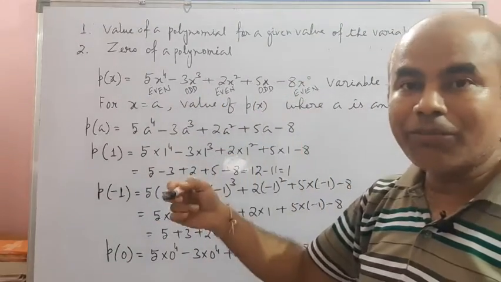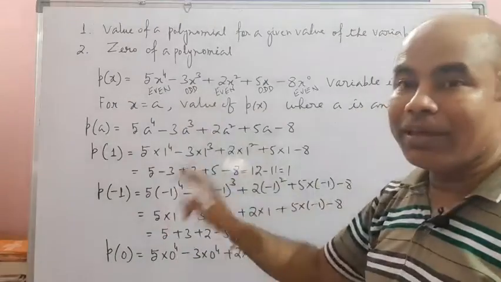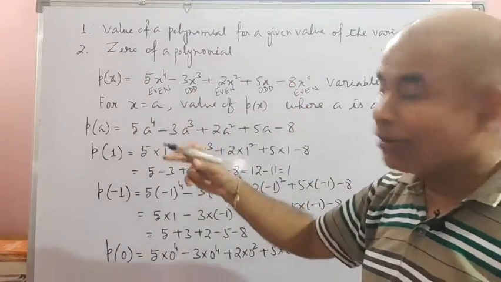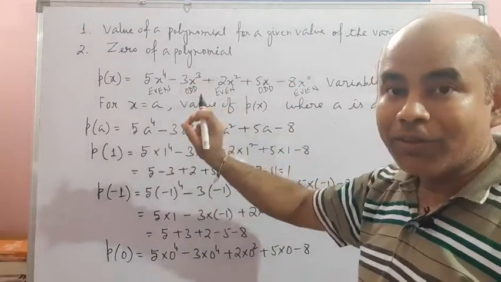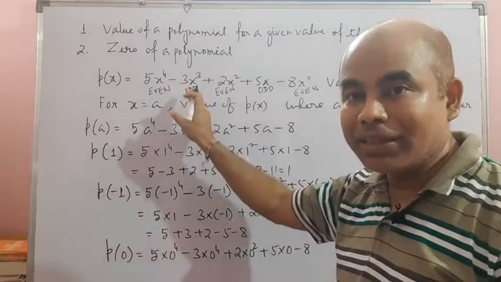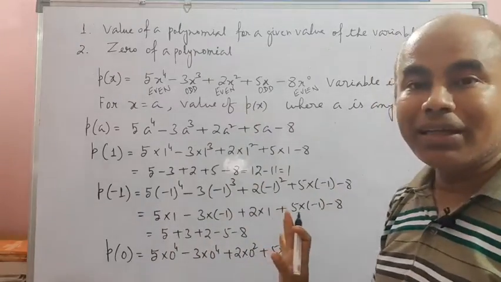In shortcut or verbally if you need to do the calculation, then you can do like that. In place of the variable, if I put minus 1, then also write the coefficient, but this time when the power of the variable is odd, for those terms you need to change the sign. If it is actually negative, it will be positive, and if it is actually positive, it will be negative.